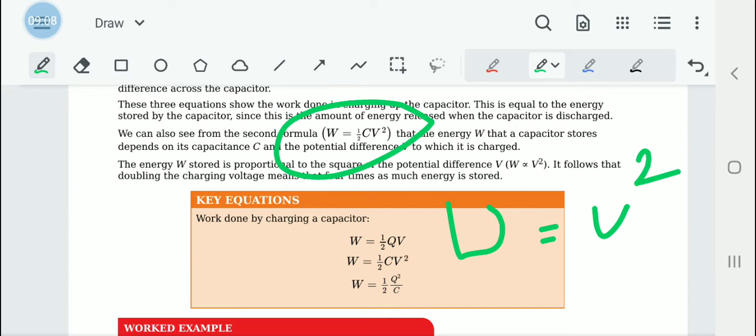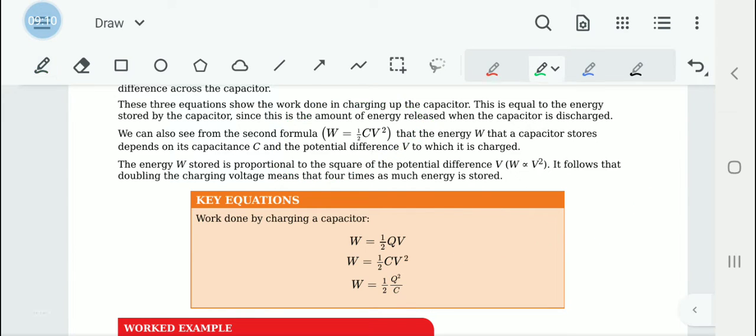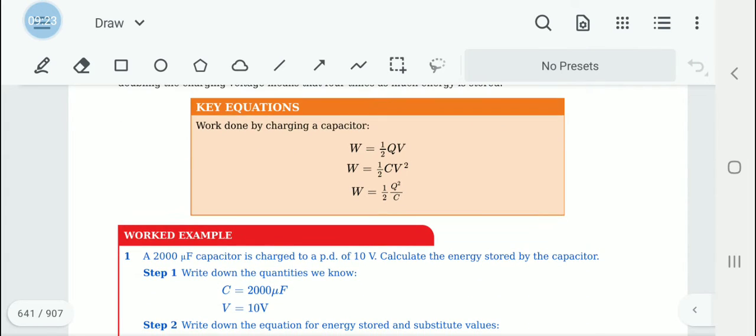So when the voltage is doubled, 4 times the energy would be stored. So these equations you must remember: W equals half QV, W equals half CV squared, and W equals Q squared upon 2C, or else half into Q squared upon C.